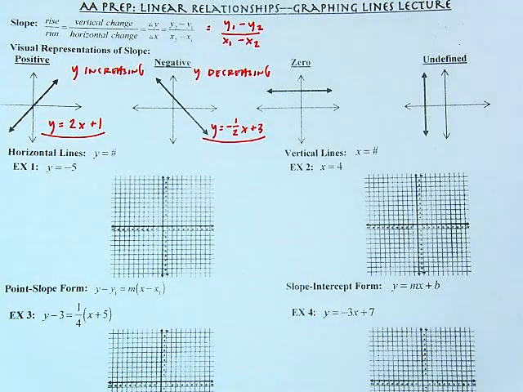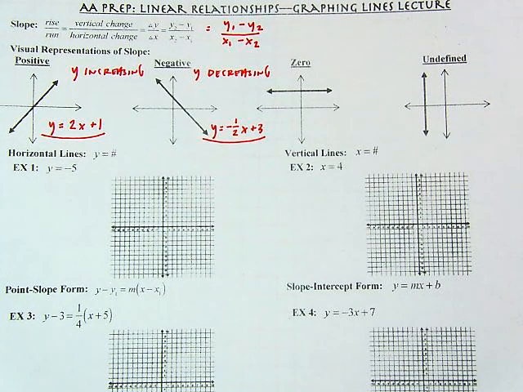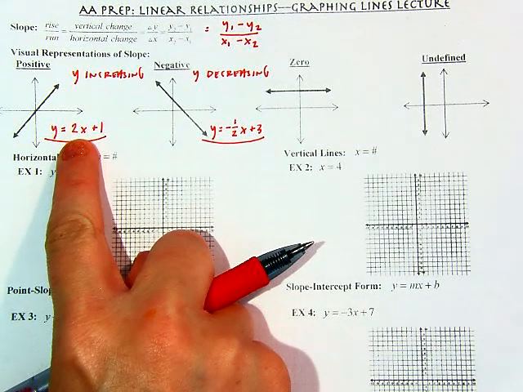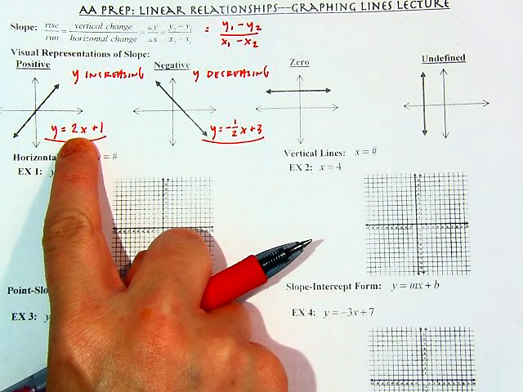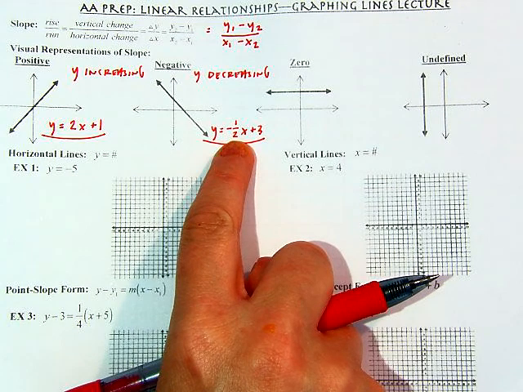It's not matching my model at all. I'm just trying to give you a visualization and an equation where the slope would be negative. So here I gave you a positive slope, the y values were increasing. Here a negative slope, the y values are decreasing.